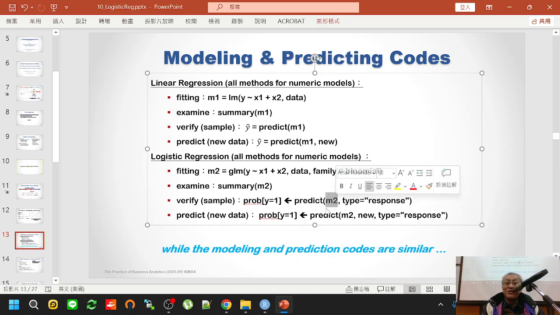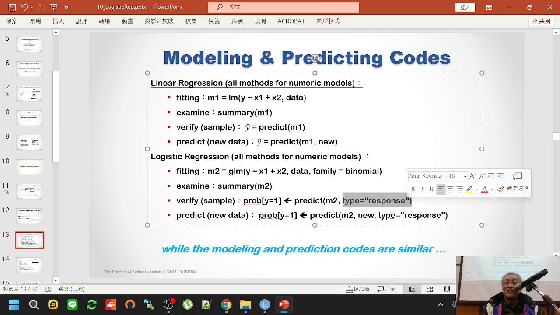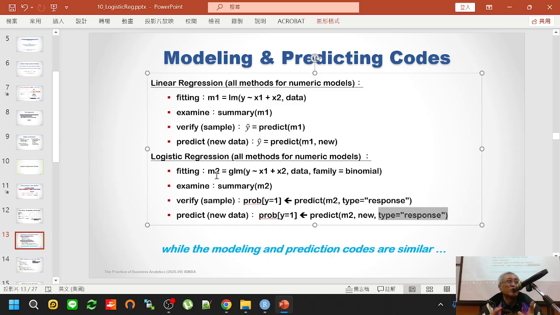The difference is that you need to specify type equal to response. So they are different, but quite similar. To build a model, you make a function call. To do prediction, you make another function call. You don't really need to know the mathematics that I mentioned in the past 2 hours.